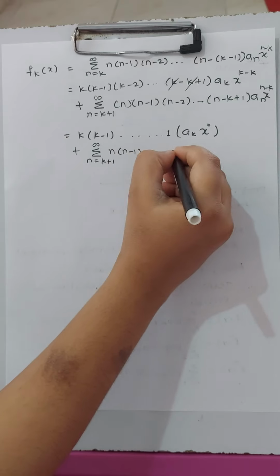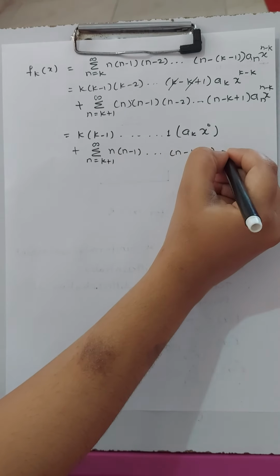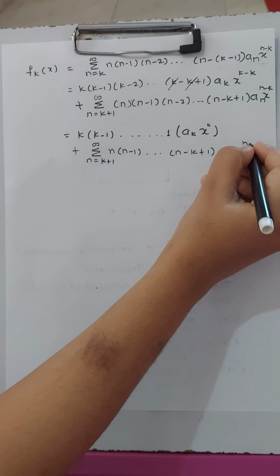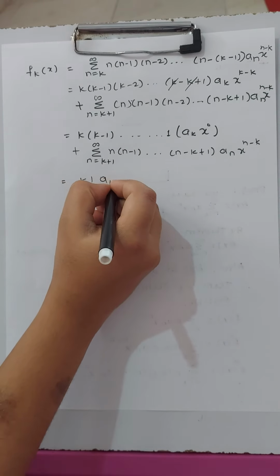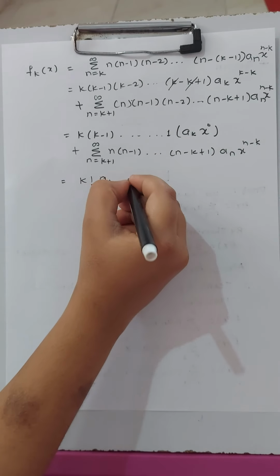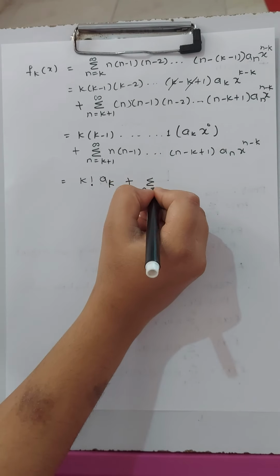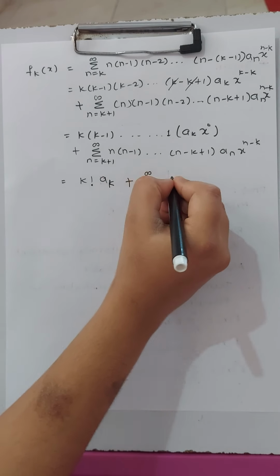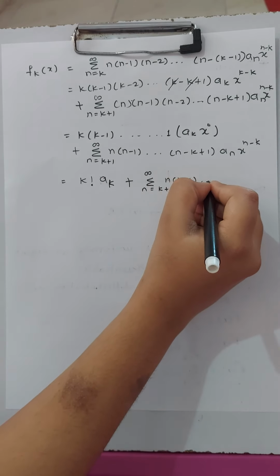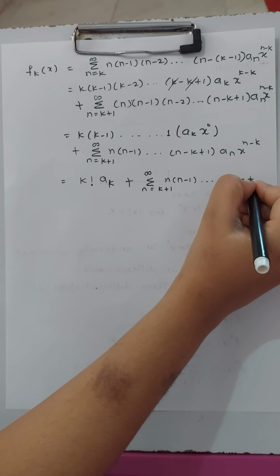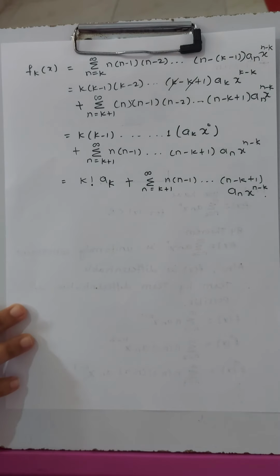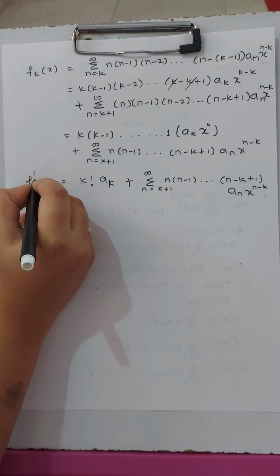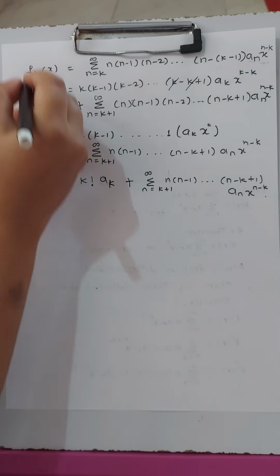So this becomes k factorial a k, and x to the power 0 is 1, plus summation n from k plus 1 to infinity n(n minus 1) up to (n minus k plus 1) a n x to the power n minus k. So this is f^(k) of x.